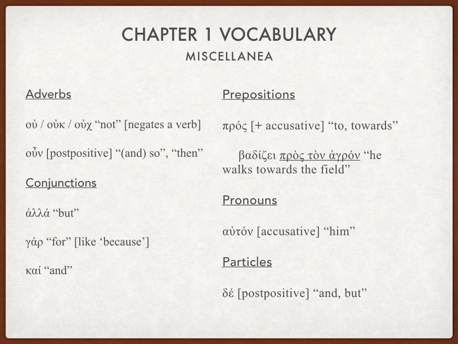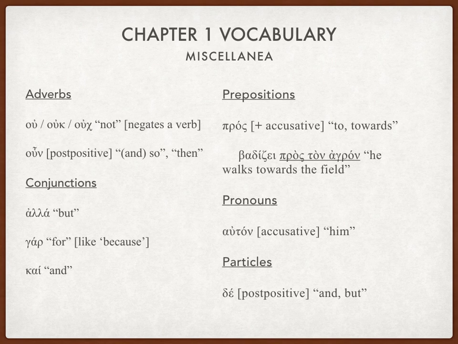This is important because pros as a word can take other cases after it, like the dative, where it means something a little bit different. But for now, if you see pros followed by an accusative, it means "to" or "towards" that thing. So one example you can see below, badizei pros ton agron means "he walks" or "she walks towards the field." Pros ton agron. So you can see that in the underlined portion there.